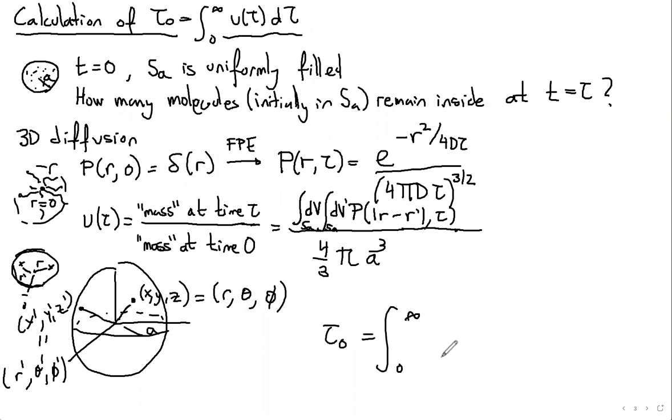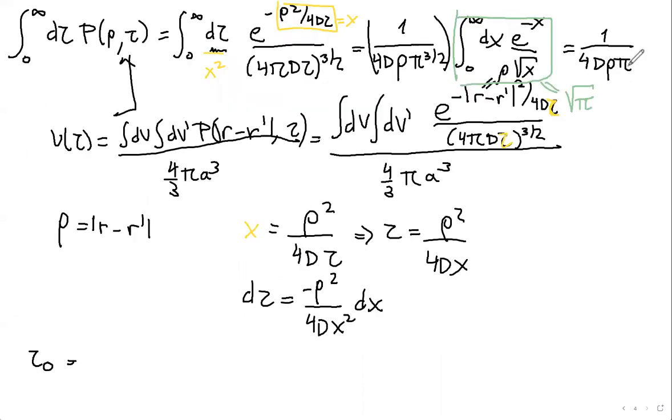Integral 0 to infinity d tau, well, actually it's here, I'm just copying it again, u tau. And now we plug all this inside, so there will be a 4/3 pi a cube, and then also this 4d pi rho. All this brings you this one, 4 pi d. Okay, this is from here.